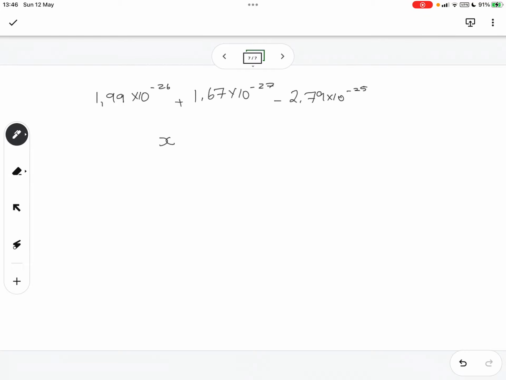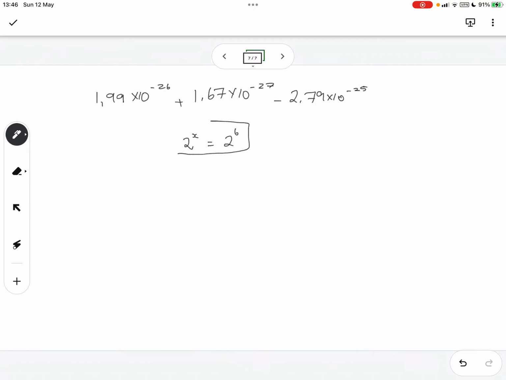Let's say you've got 2 to the power x equals 2 to the power 6.